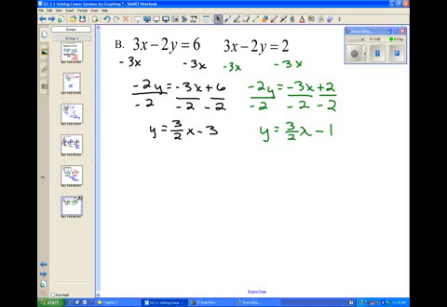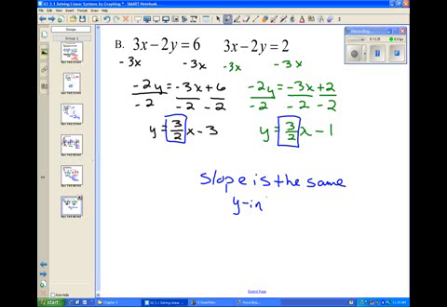I need to be able to notice at this particular spot that 3 halves x and 3 halves x are identical. My slope is the same. And my y-intercepts, however, the negative 3 and the negative 1 are different.